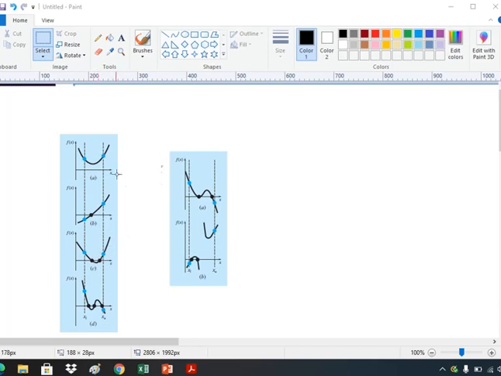So between the values. So ano yung advantage sa graphical method? Pwede mo siya ma-visualize yung expression, yung functions.